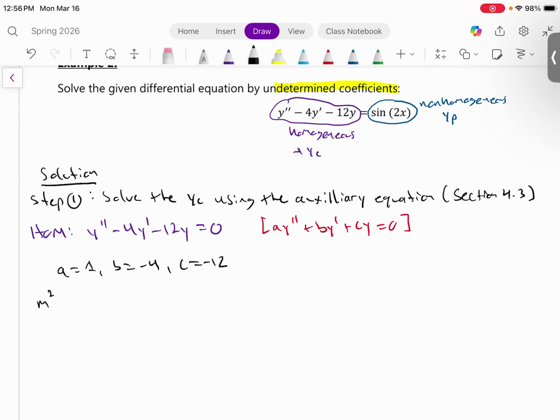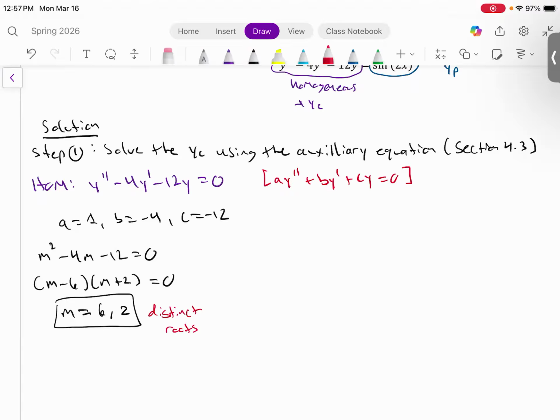When we set up our quadratic equation, m squared minus 4m minus 12 equals 0, this factors into (m minus 6)(m plus 2) equals 0. So when we solve, we get m equals 6 and -2. And these are distinct roots.